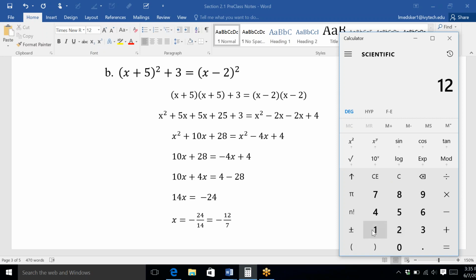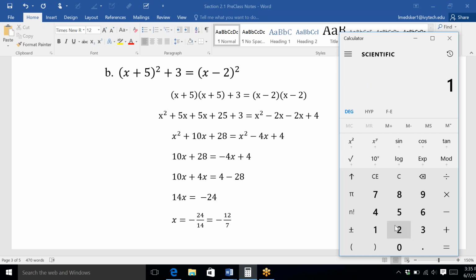So we're going to have negative 12 divided by 7 plus 5. Then we're supposed to square that because it was squared, and then plus 3. So notice you get this really long decimal on the left side, 13.795918, and so on. We want to check to see if that's what we also get on the right side.